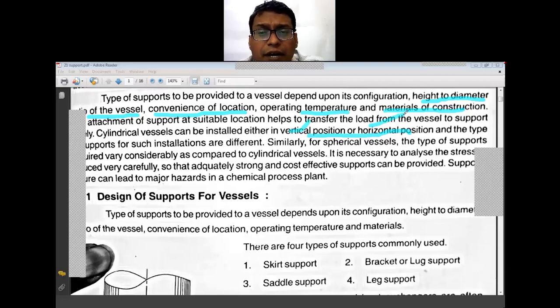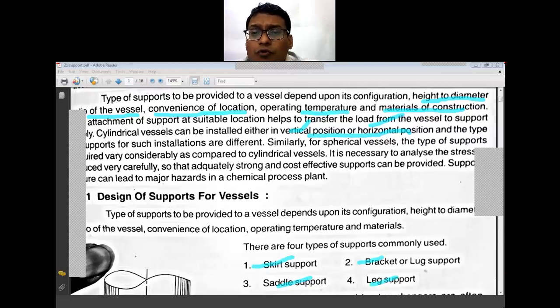So the alignment of the vessel and the height to diameter ratio of the vessel are going to decide the type of support. These are basically the four different types we have talked about: skirt support, bracket support, saddle support, and the leg support.